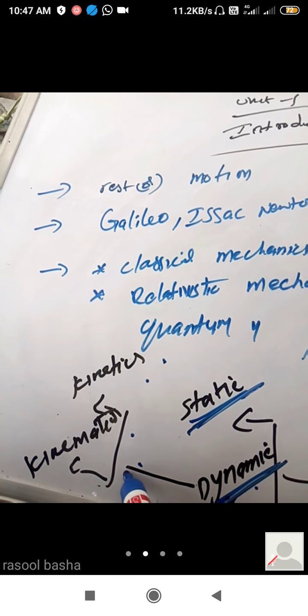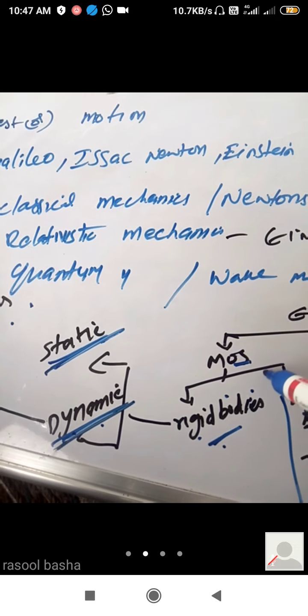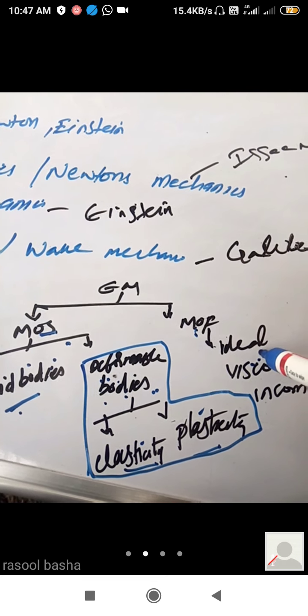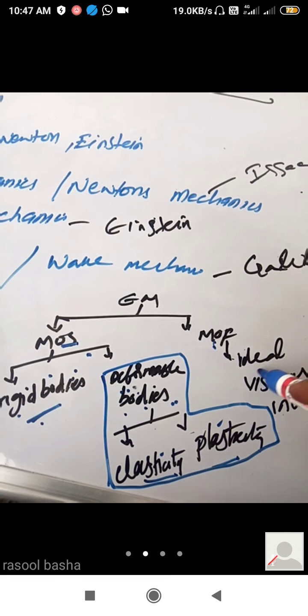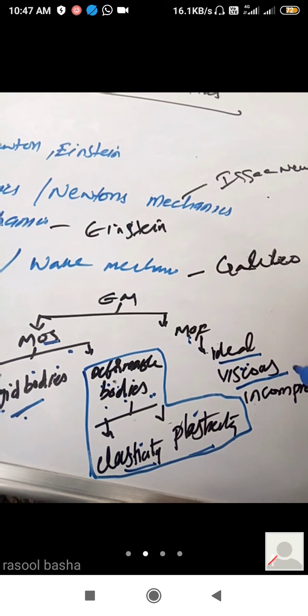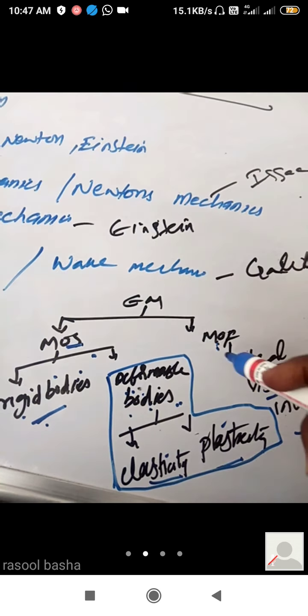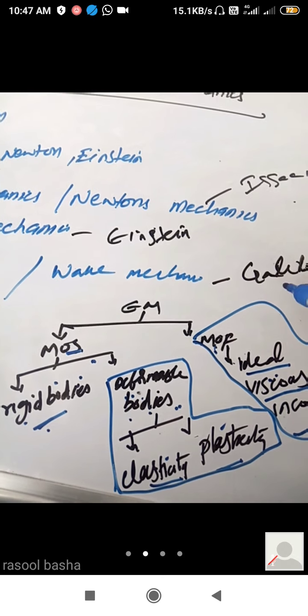This is a brief introduction to the mechanics of solids. Next, coming to the mechanics of fluids, it is again divided into three types: ideal fluid, viscous fluid, and incompressible fluid. This is based upon fluid mechanics, so you have a chapter on fluid mechanics.